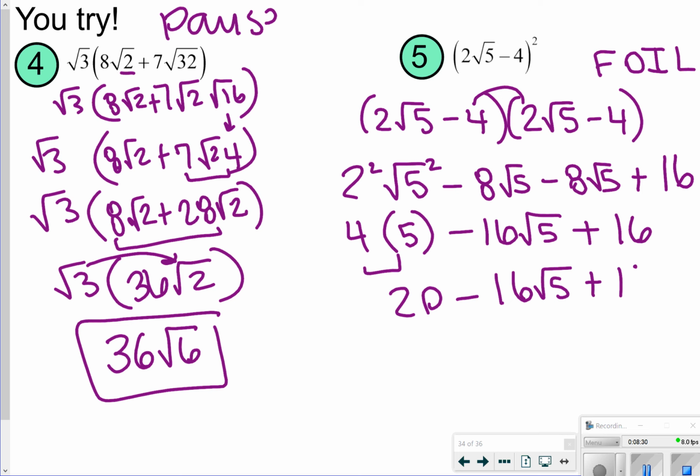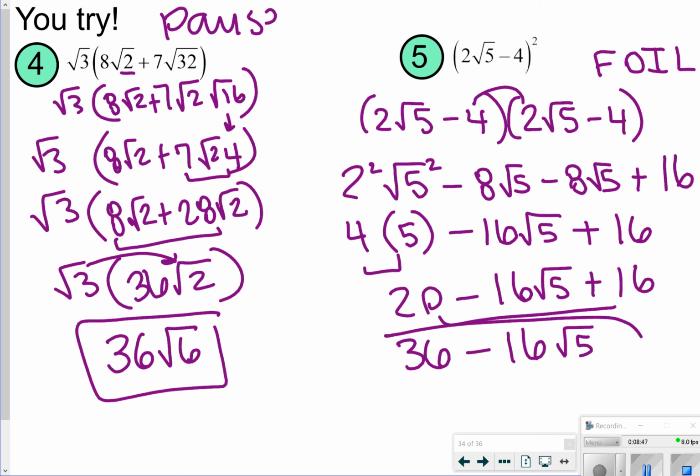And bring everything else down. And then I'm going to go ahead and combine 20 and 16 to make 36. So I have 36 minus 16 square root of 5 left. And my square root of 5 can't be simplified anymore to break it down, nor can it be added with anything else. So here's my final answer, 36 minus 16 square root of 5.